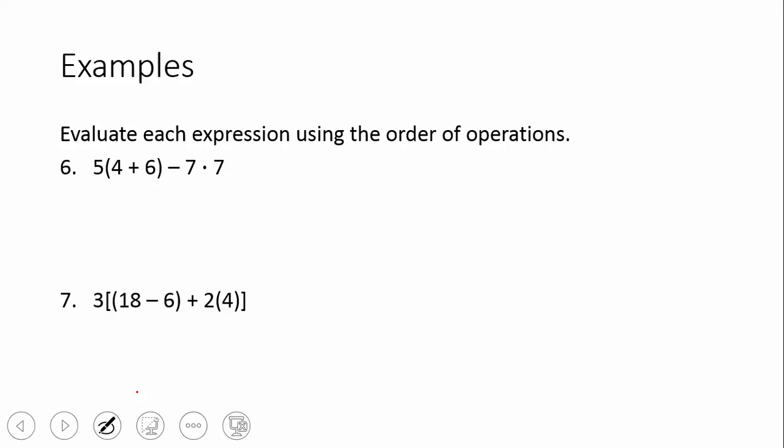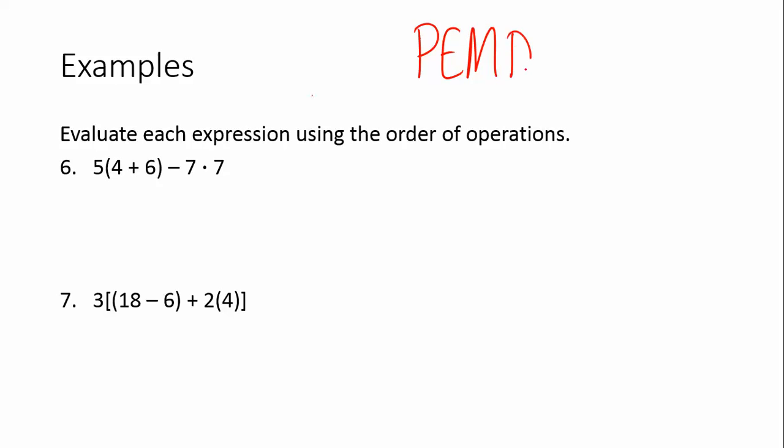Another example, number 6, we have 5 times, and then in parentheses 4 plus 6, minus 7 times 7. So I'll write PEMDAS up here again. Parentheses is what the P is, so we want to take care of the 4 plus 6. So we have 5 times 10, and then I need to bring down the minus 7 and the times 7.